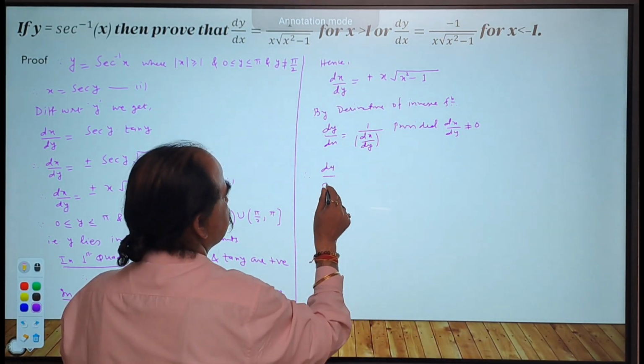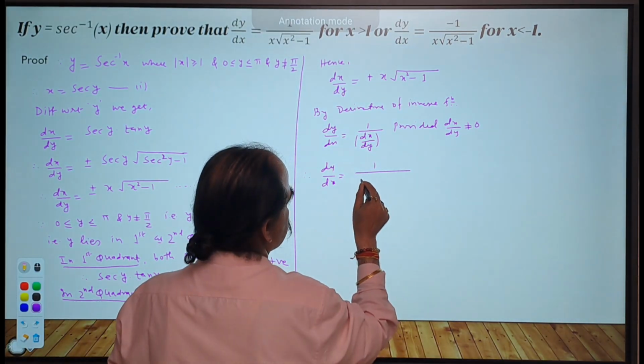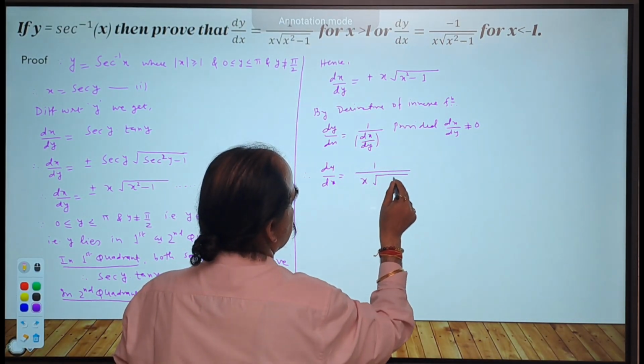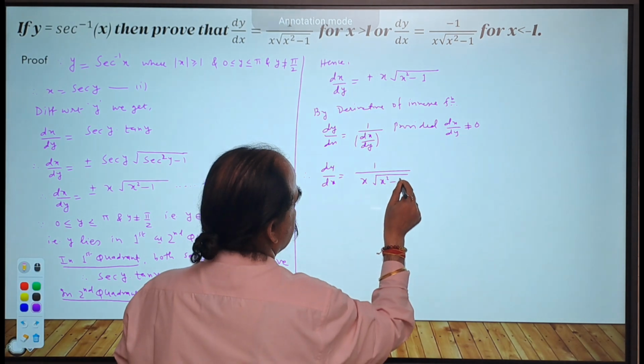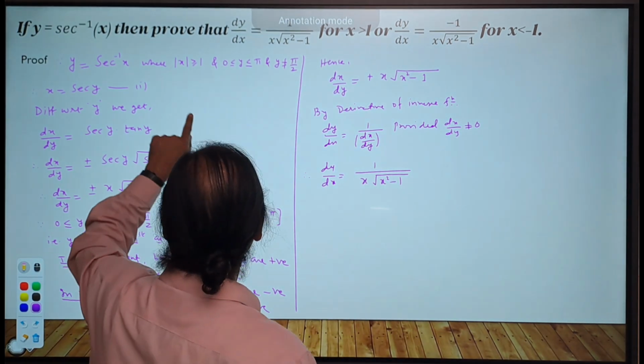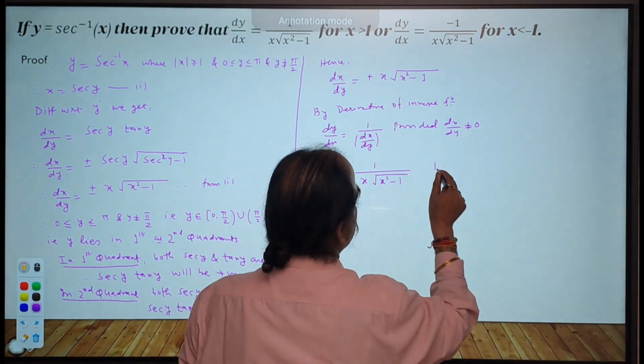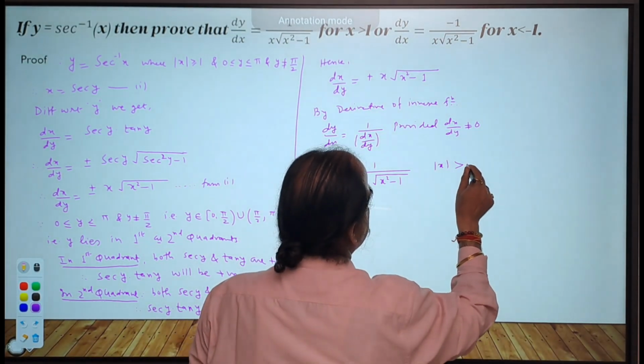So dy by dx will be 1 upon x root x square minus 1, where modulus x is greater than or equal to, and it is positive, so modulus x is greater than 1.